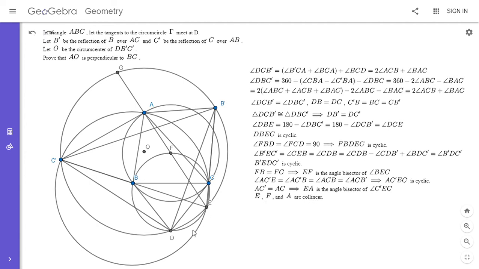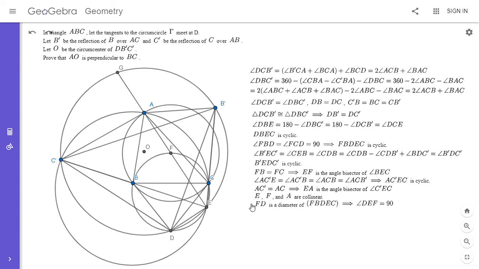And now I'm going to note something. So we know that FD is a diameter of this circle. Where I have let FD be a diameter of the circle FCEDB. And so angle DEF has to be 90 degrees.